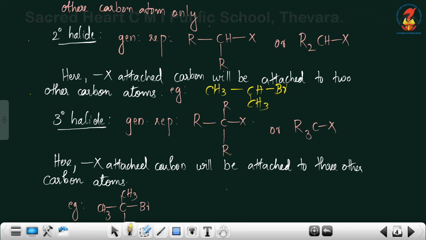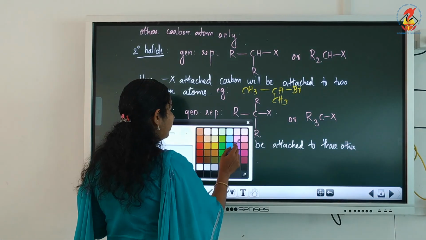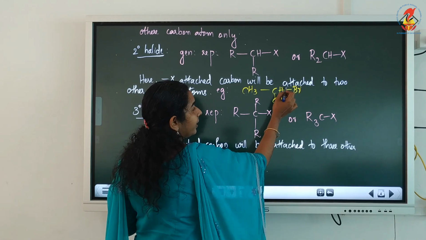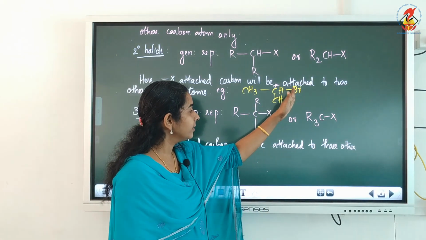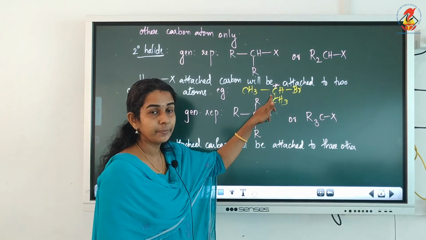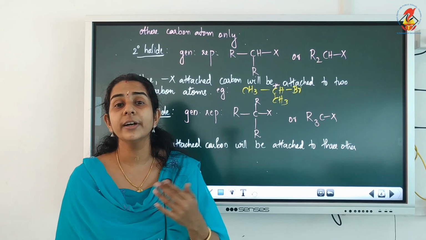How can we check whether it is a primary, secondary or tertiary halide? Look at the X attached carbon. Here the X is bromine, the bromine attached carbon is this, and this X attached carbon is attached to 2 other carbon atoms.